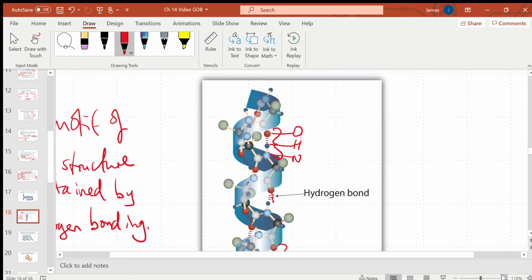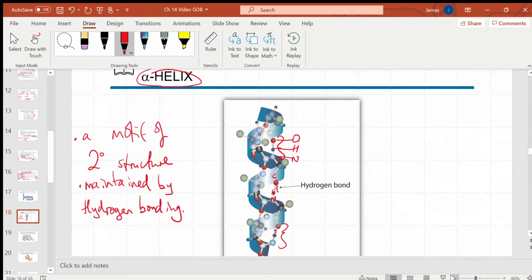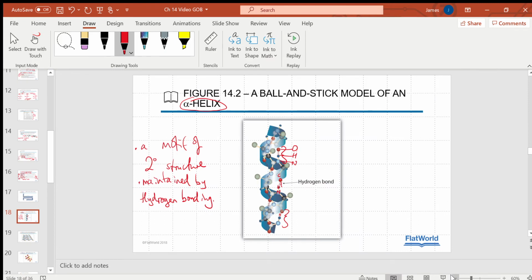But this looks like a nitrogen and a hydrogen. So the hydrogen that's activated by nitrogen on an amino part is now being hydrogen bonded to an oxygen on a carboxyl part. So that's an oxygen and that's a carbon. Okay, so we have hydrogen bonding keeping this together. So it's important to know what they look like and know what structure they are and know how they're held together.